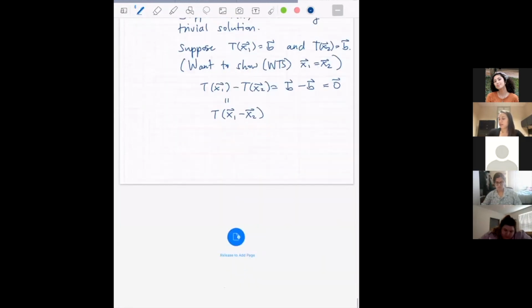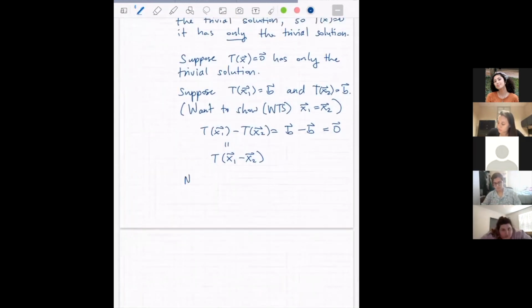So now we have this equation, just by using the information that we have.